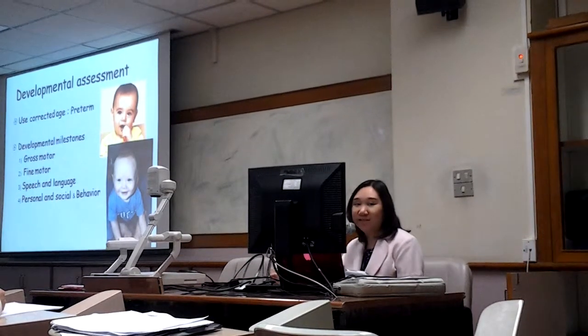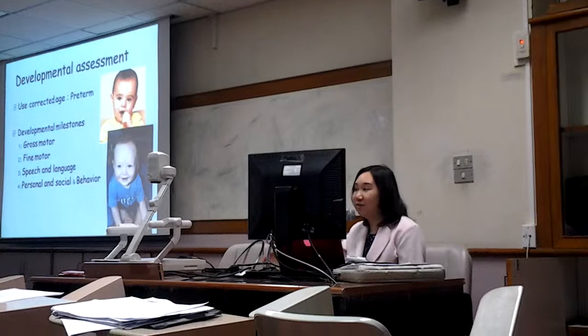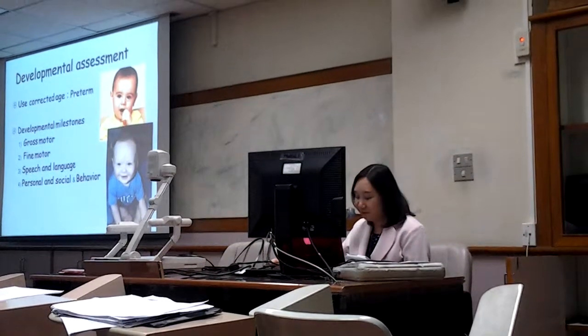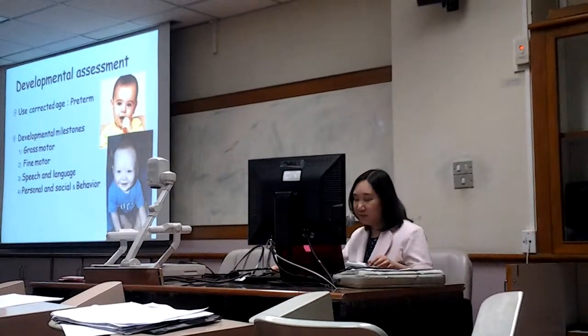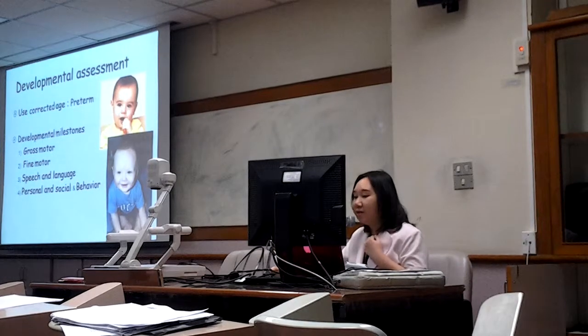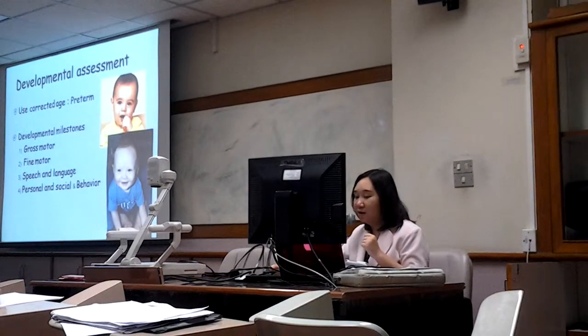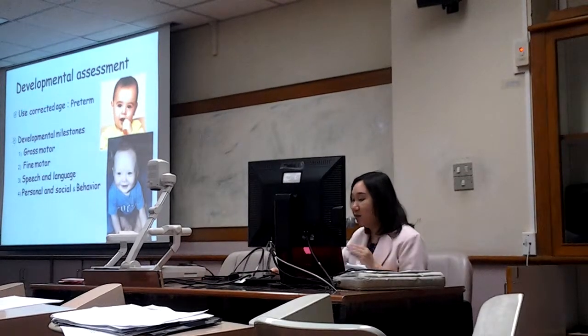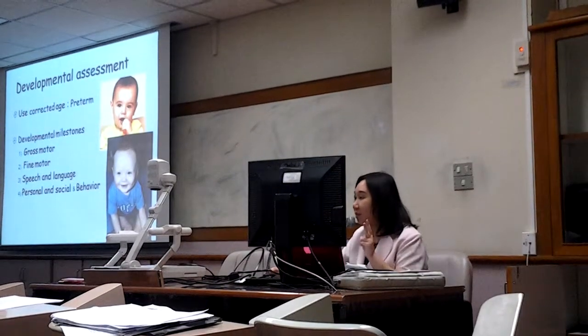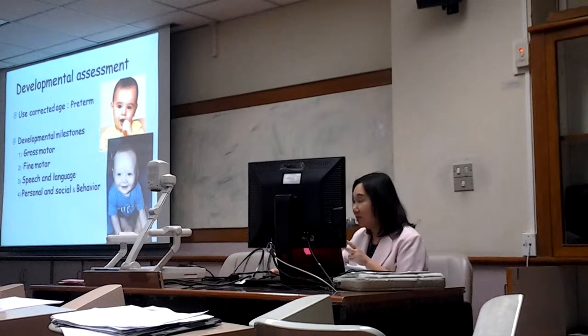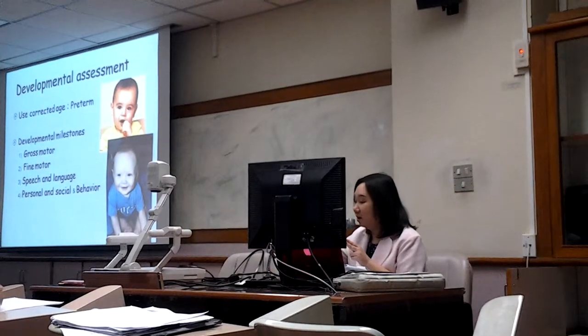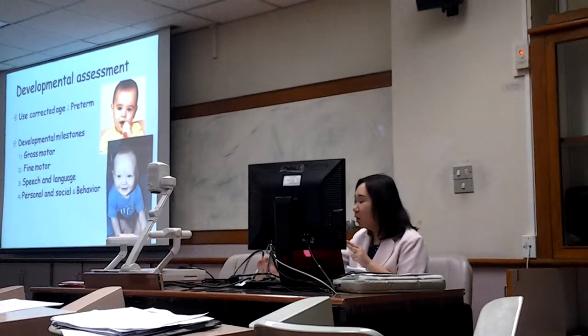Before the expected weeks of gestation, it means preterm. If a patient is delivered at 30 weeks, it means 8 weeks before normal.